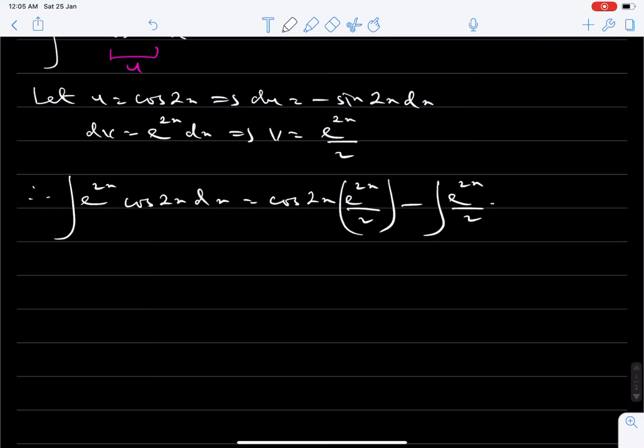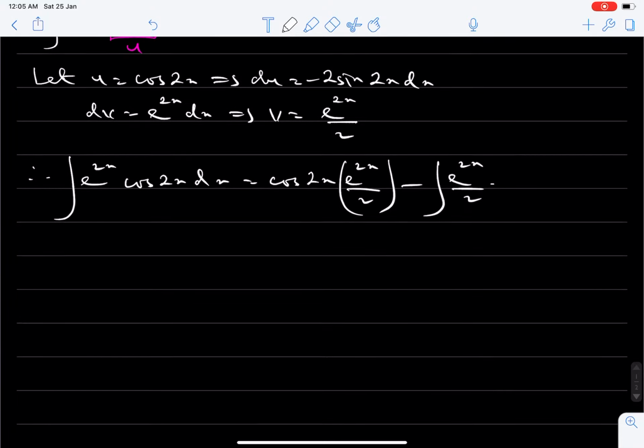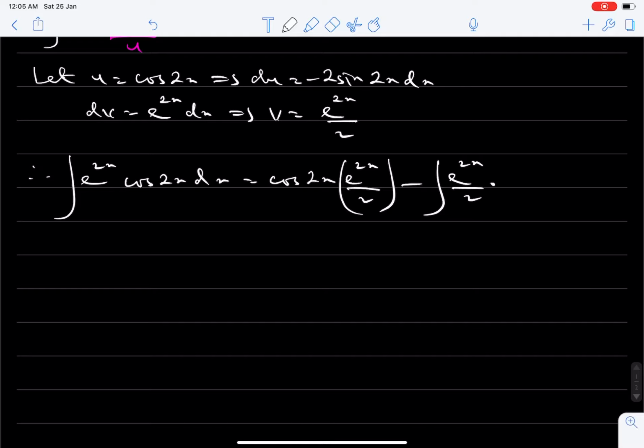If u is cos 2x, the derivative of u is actually minus 2 sine 2x. So that's times du, which is minus 2 sine 2x dx.